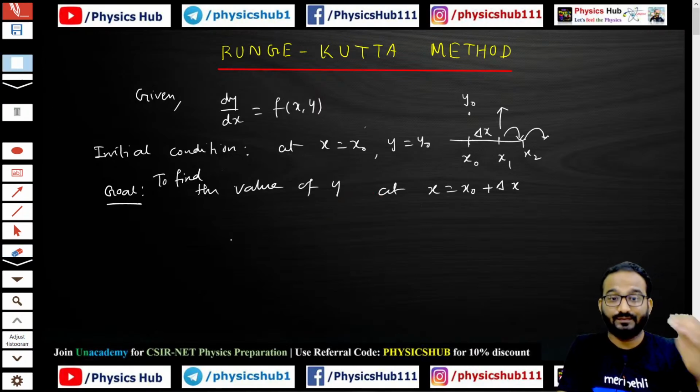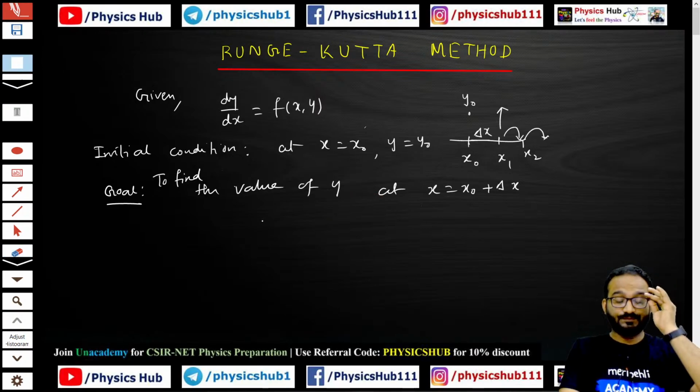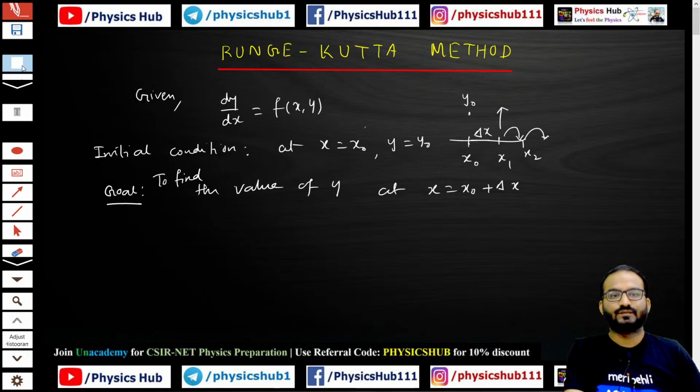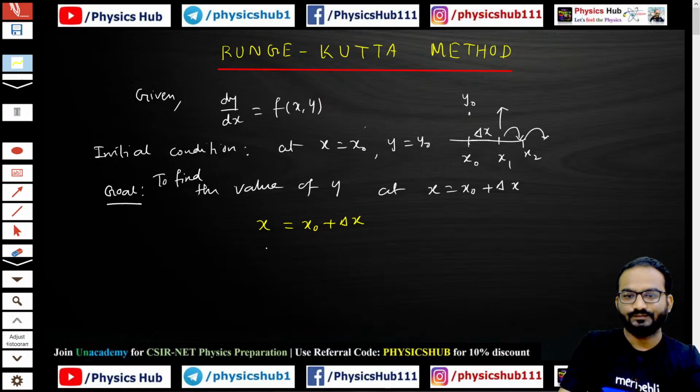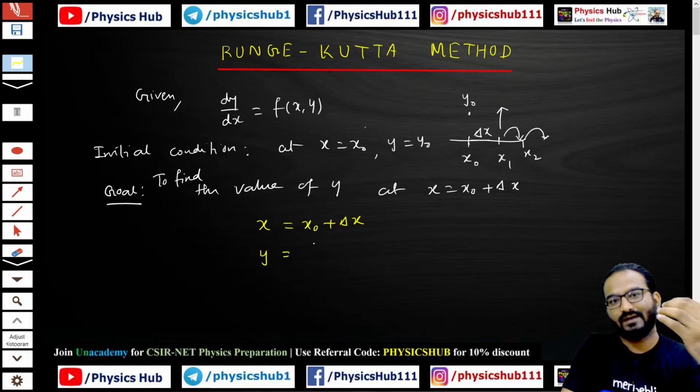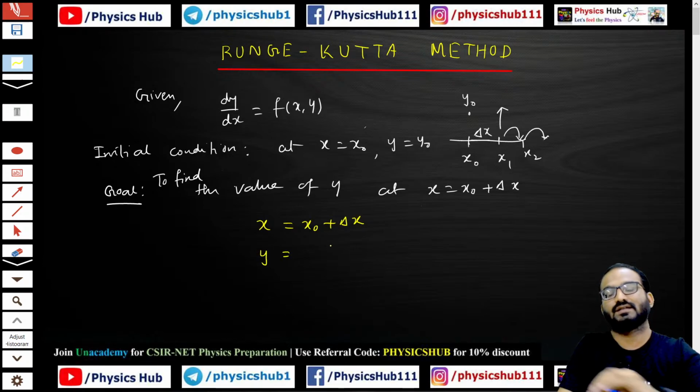Now how is it done? How is it tackled? As you have seen, your modified value is x equals x naught plus delta x. This is not a problem. And let's say the value of y at x naught plus delta x, this was the initial value y naught at x naught.